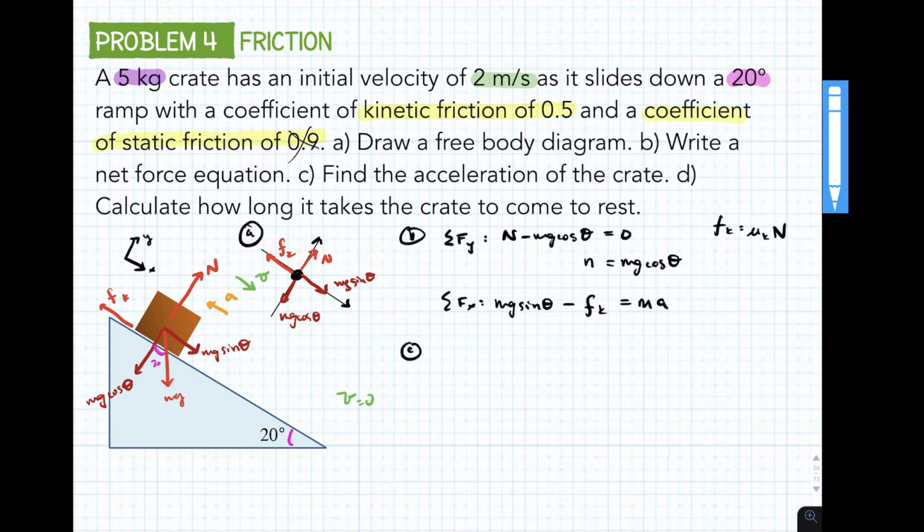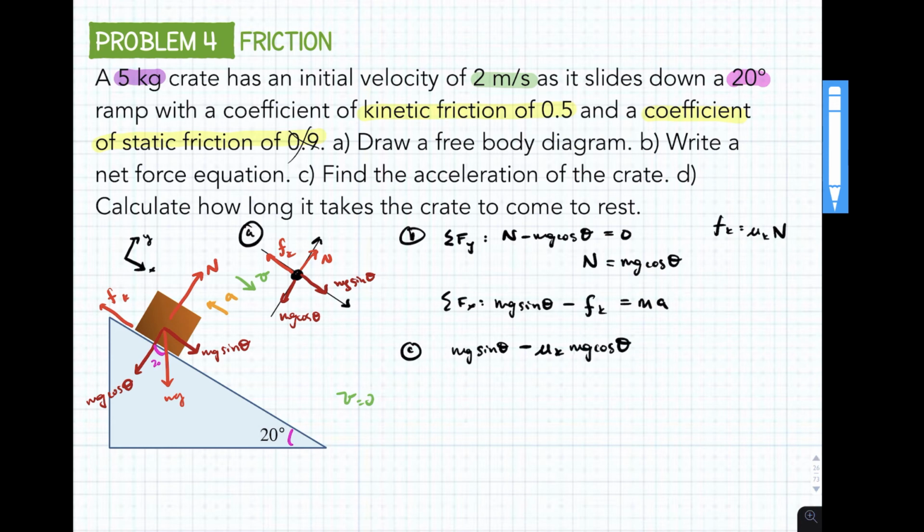So solving for acceleration, that's going to be mg sine theta, we're just using this equation right above us, minus mu k n, but we know n is going to be mg cosine theta. Sorry, I used two different n's here, but let me just fix that.